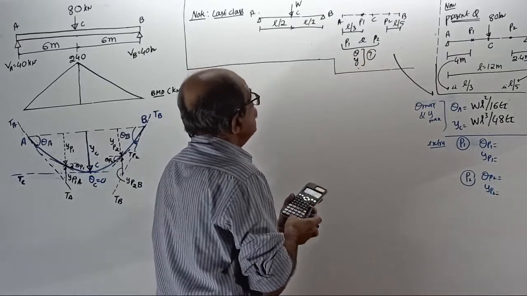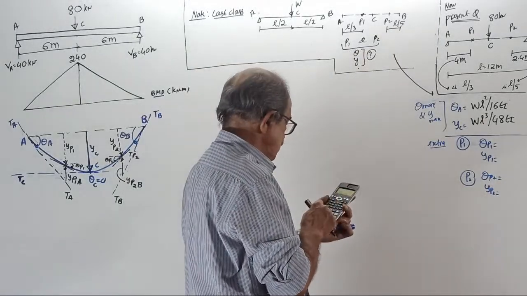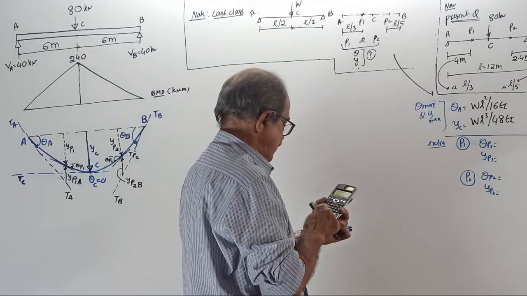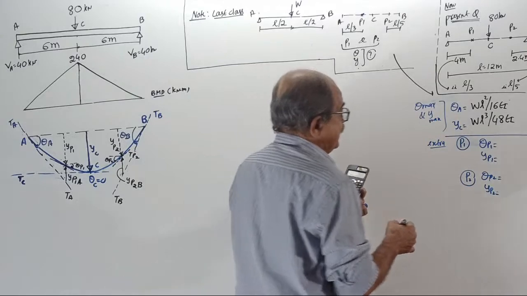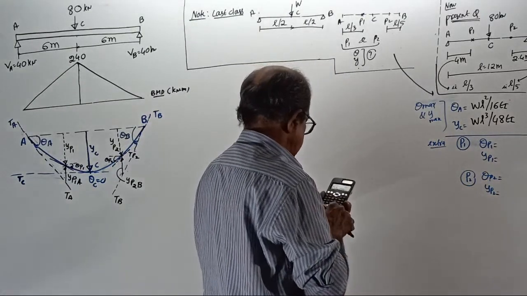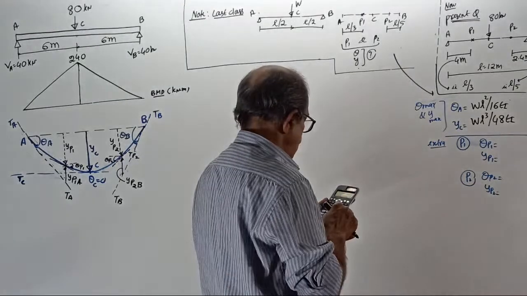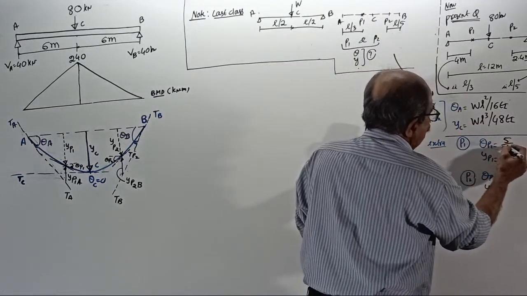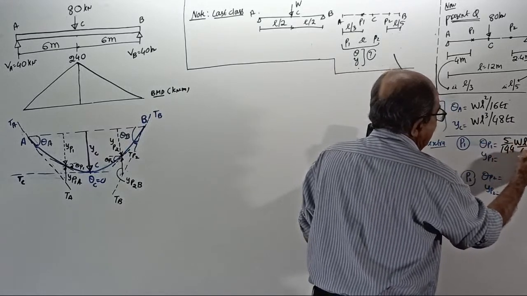If you remember, the slope at P1 came as 1 by 16 into minus 1 plus 0.5 into bracket 1 by 3 close square divided by 2, which is 5 by 144 WL square by EI.